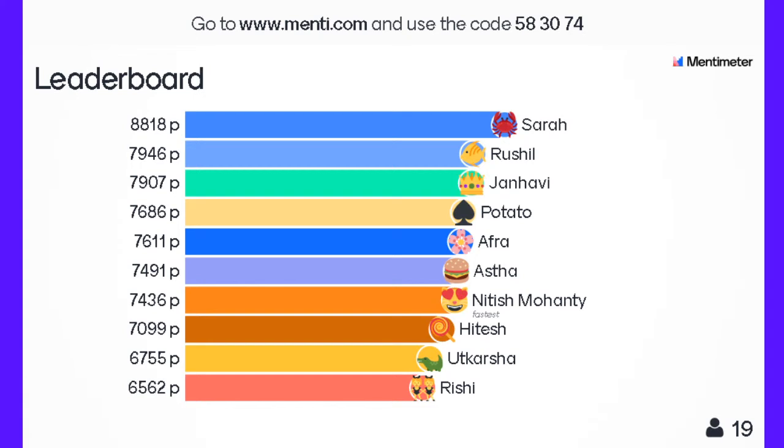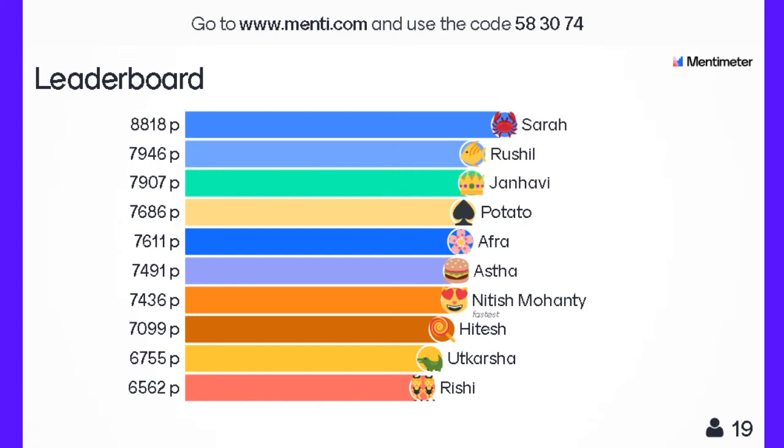Nitish Mohanty was the fastest finger first, but could end up only on position number 1, 2, 3, 4, 5, 6, 7. He's still on position number 7. Any moment he can come up. But where is Usha? Usha has disappeared from the top 10 list this time.